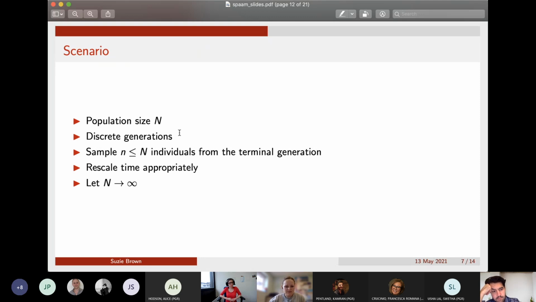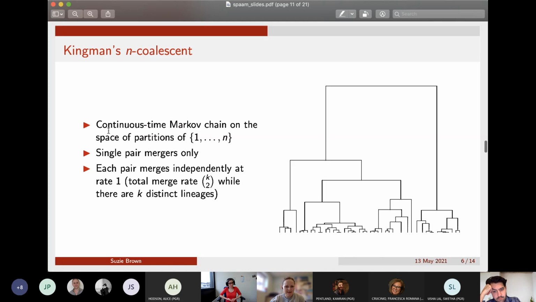We are assuming that we have discrete generations, and that we're going to sample a finite number of individuals from the terminal generation. So these convergence results are only for finite samples. None of them are for the whole population. And then we're going to apply some timescale, because if we go back a minute, this was a continuous time process and we have discrete generations. So we need some timescale in order to get a continuous time process in the limit.